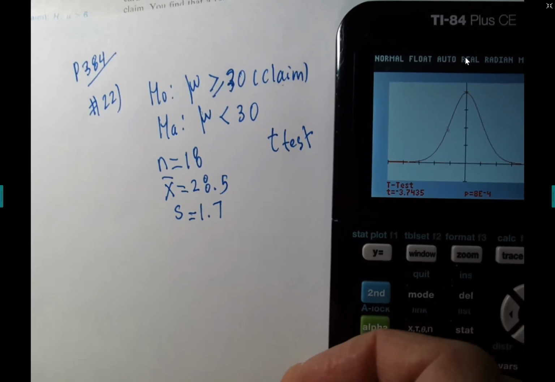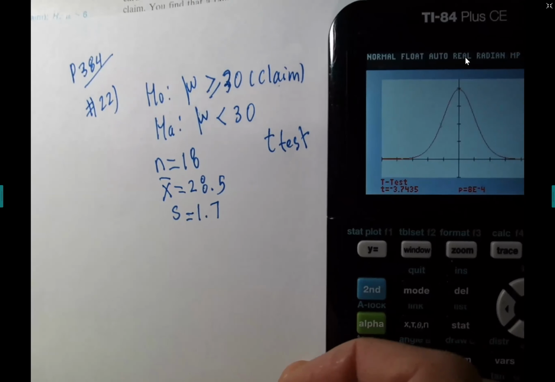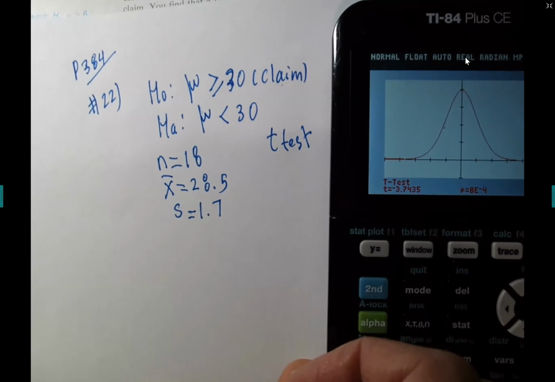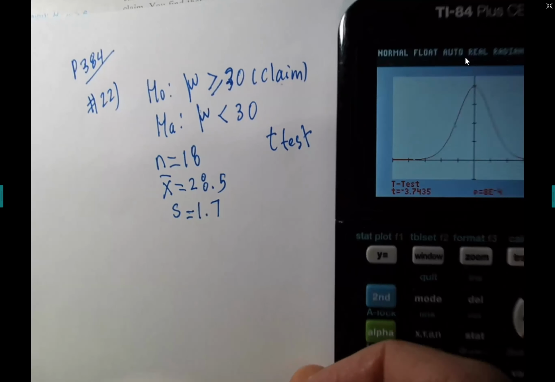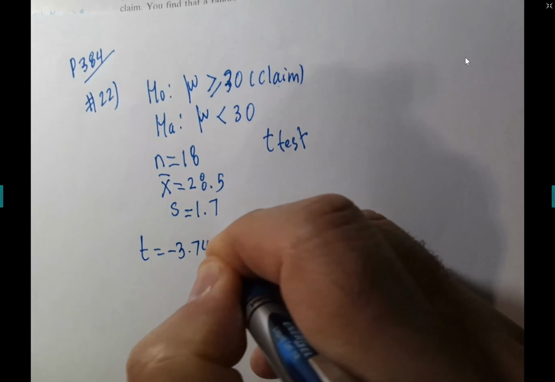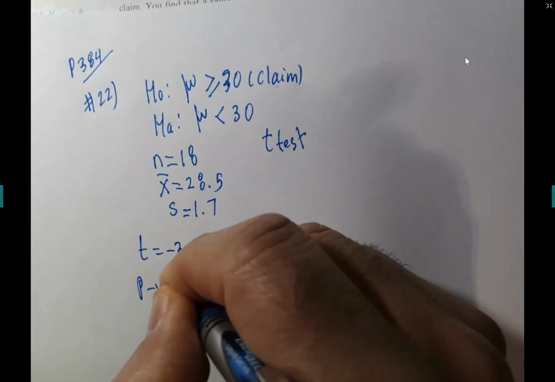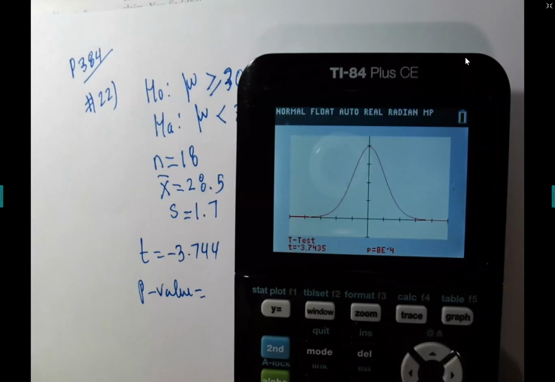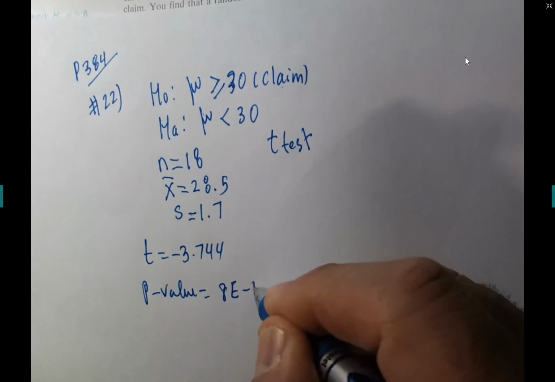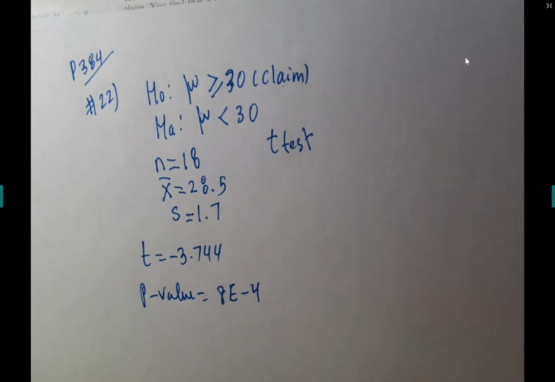So let me write step number 2 and 3. So -3.7. Usually the test statistic t is 3 decimal places, guys. So it's -3.744. And let me write what I got from the p-value on the calculator. I'm just going to copy it exactly. Okay, let me tell you how you interpret this.